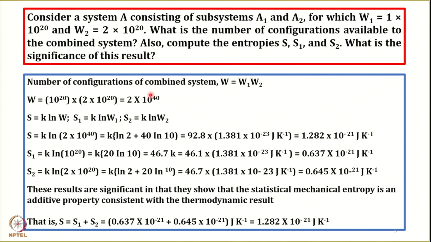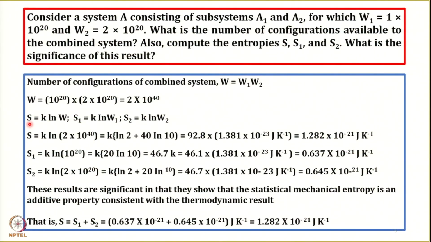The relationship between S and W is simple. S is equal to K log W. We discussed many times. The same definition will apply to S1 and S2 with the subscripts 1 and 2. Since S is equal to K log W and W is 2 into 10 raised to the power 40, you substitute there K into log of 2 into 10 raised to the power 40.